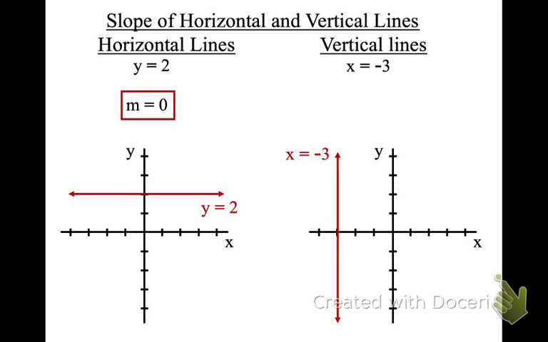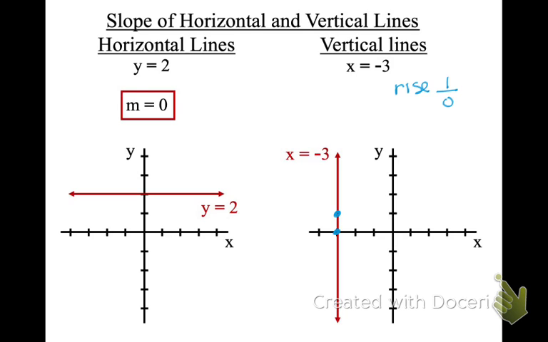Okay. For x equals negative 3, all right, so now I'm going to take 2 points on this line, right? Okay, I'll put them in blue so they're clear and easy to see. Right, any 2 points. And so my rise for this is 1, and my run is 0.